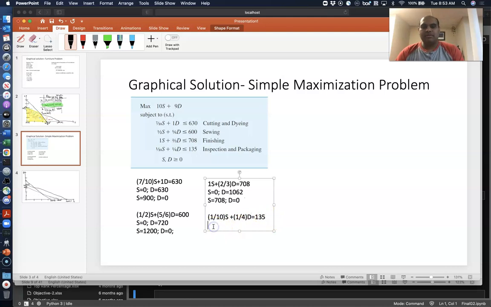So if I plug in S is equal to 0, I will get D is equal to 4 times 135. So it will be 540. And if I plug in D is equal to 0, I'll get S is equal to 1350. There you go. So 0, 540, and then 1350, 0.